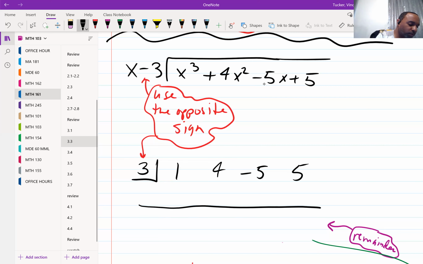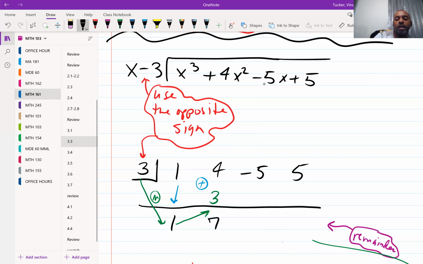All right, any problems? All right, first move is to bring down this 1. Then you're going to multiply this 3 times 1. Take the result up here. Add them together.